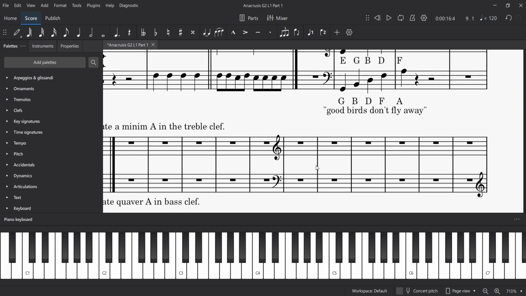Take C, for example. The black note to its immediate right is just a little bit high in pitch, but not quite a D, so we'll call it a C sharp. However, if we think about it relative to D, this note is actually not higher, but actually a bit lower. But it's still not quite C yet, so therefore we call it a D flat.